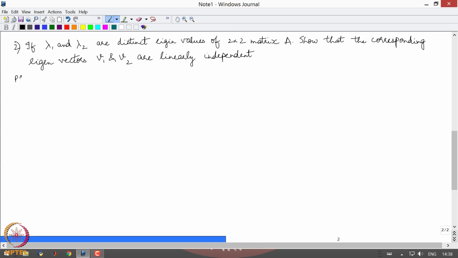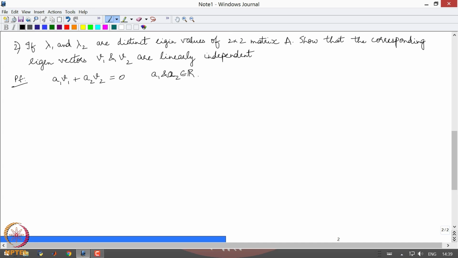So, we will go through the proof. To show linearly independent vectors, we will start with a linear combination as follows: a1 v1 plus a2 v2 equals 0, where a1 and a2 belong to R. So, I am taking two scalars and writing the linear combination and saying it to be 0.